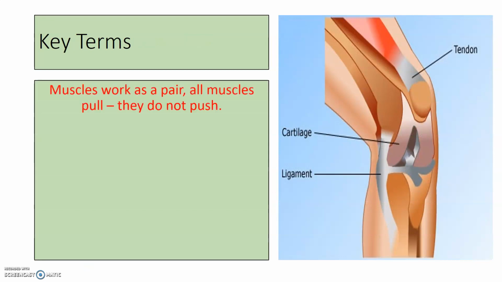So before we look at the specific muscles and the type of movements that they're involved in, we need to recognize, and I'm going to keep on talking about this when we look at the muscles within the body, that muscles work in pairs. Okay, so all muscles work in pairs, and they don't push. Okay, so muscles only pull.